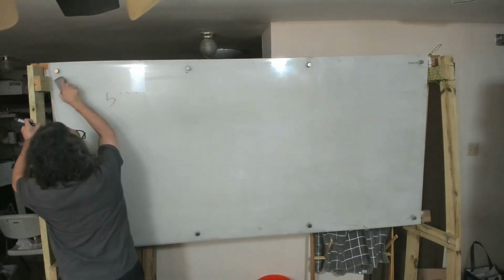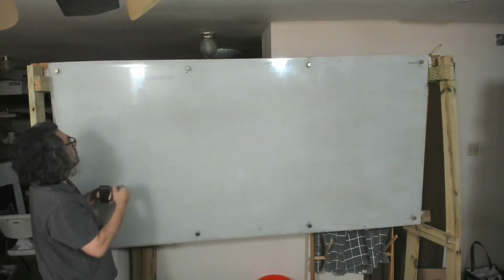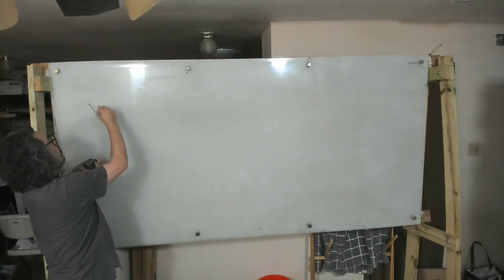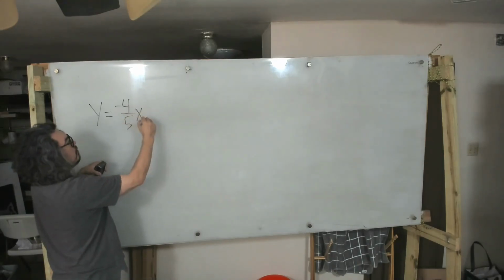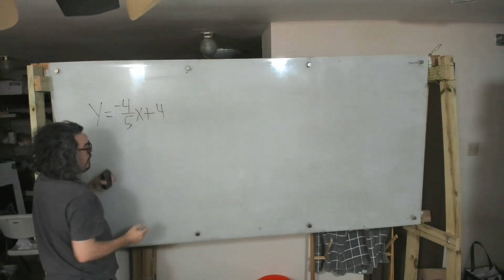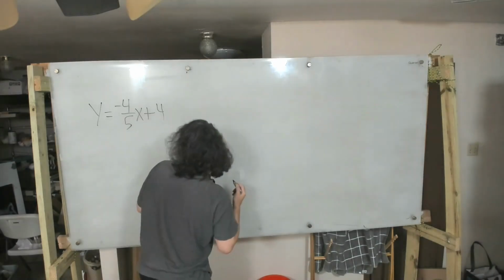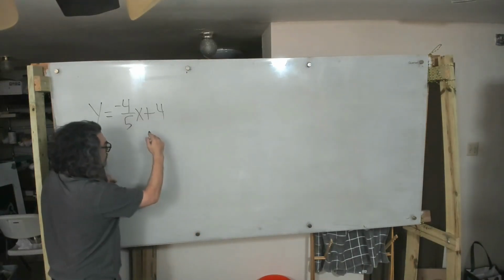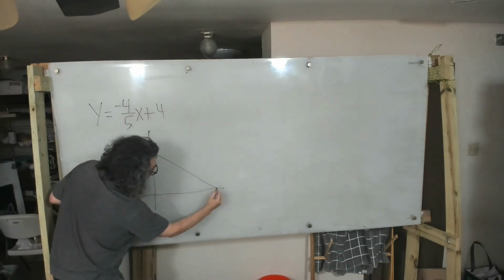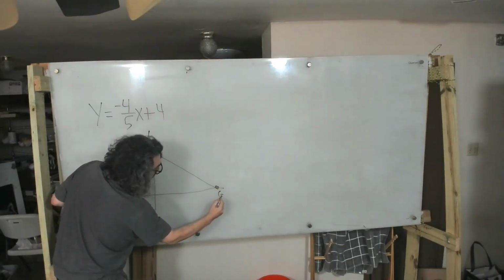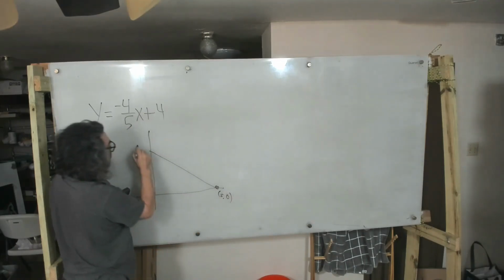So our equation we know is y equals negative 4/5 x plus 4, and we know that our graph looks like this. This is 5, 0. This is 0, 4.